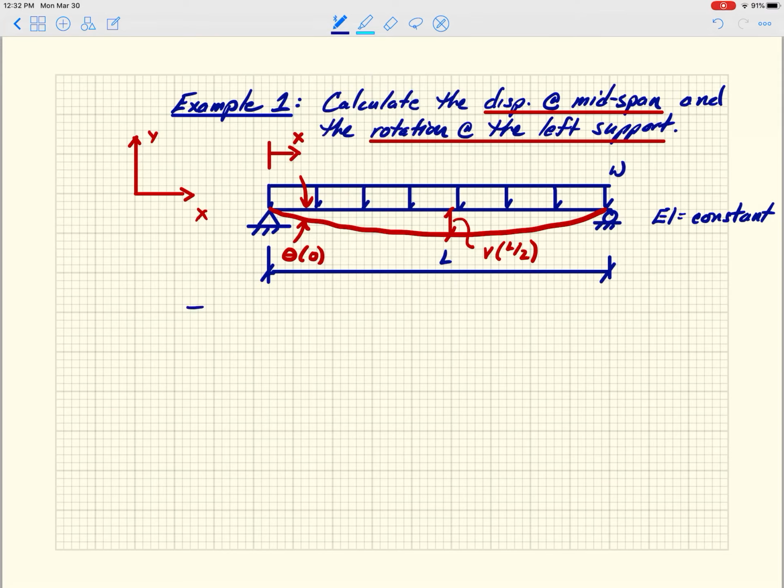So the first step in doing this is we've got to solve for the moment diagram. Now you do not have to solve for the shear diagram in general, because we're assuming that the shear on the member is not contributing to the deformations. So what I'm going to do, just like all the other problems we've solved, is take a cut.